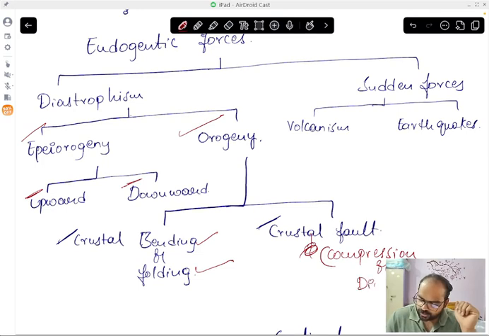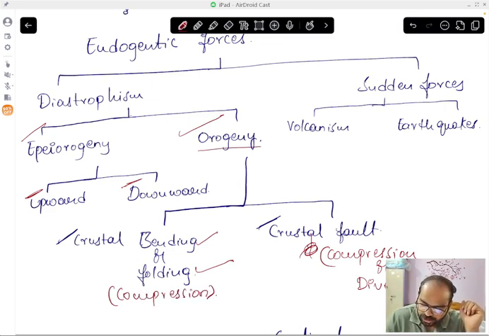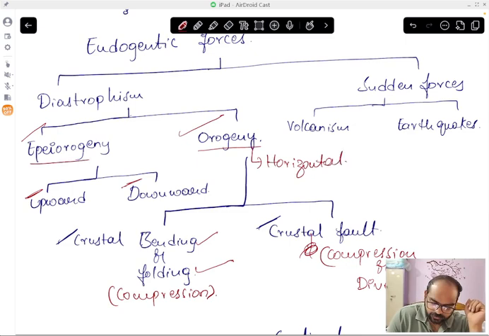Divergence is also called tensional force. But crustal folding or bending can happen only due to compression. Moreover, orogeny is a horizontal movement. Epiorogeny is vertical.